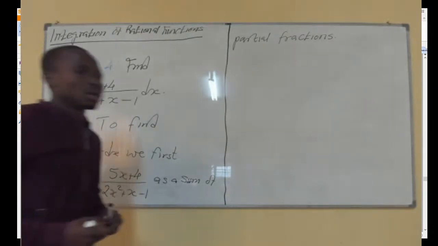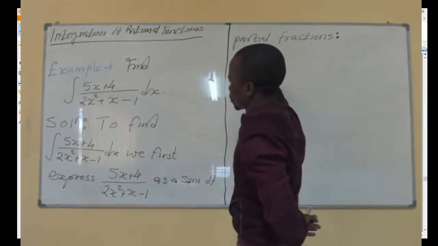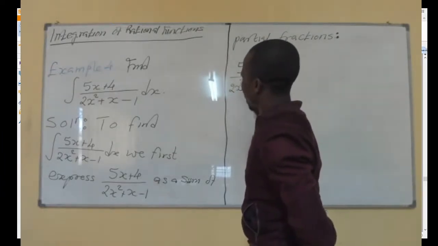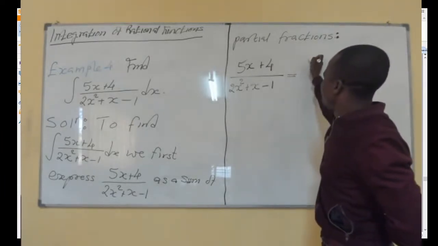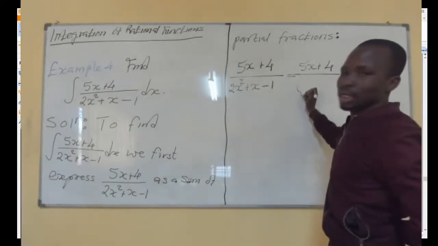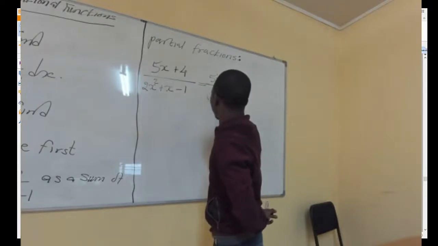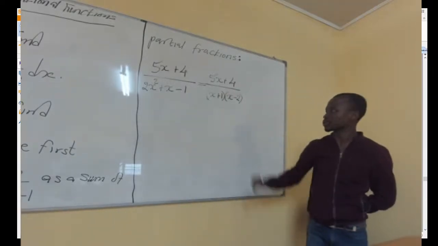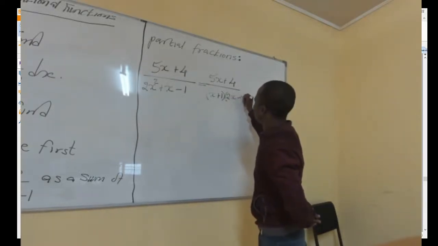Now, in partial fraction form, our integrand, which is 5x plus 4 divided by 2x squared plus x minus 1, this is just the same as 5x plus 4 over, when we factorize the denominator, it's going to give us x plus 1, then, oh sorry, 2x minus 1.